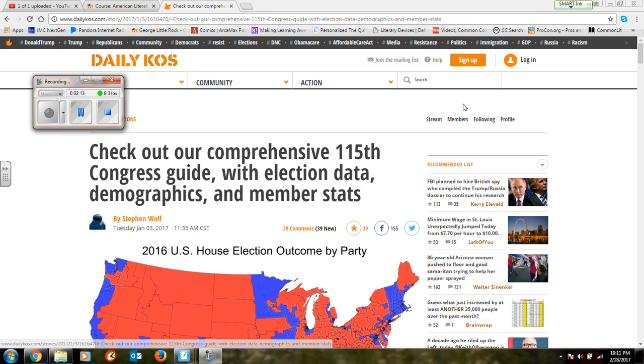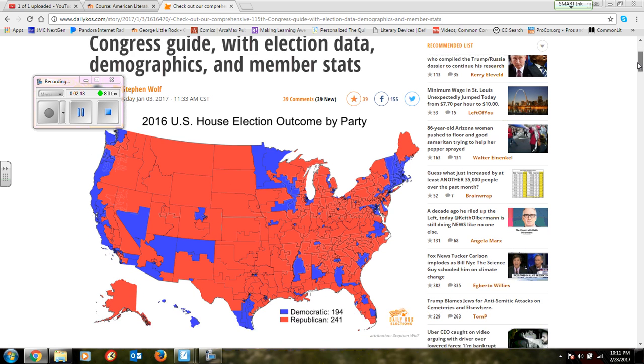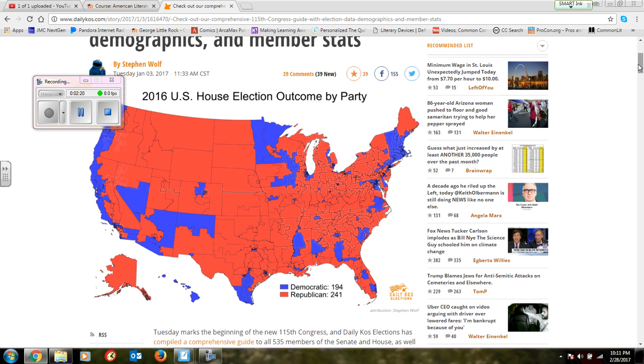So we're back. Here is a website that gives us the demographics of our Congress. If you look at the map of the United States, the red, of course, represents Republican. 241 of our congressmen of the 435 are Republican, and 194 are Democrat.